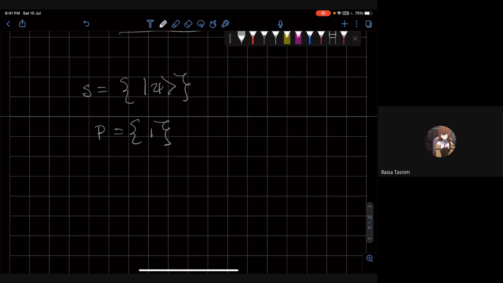So it's kind of a trivial probability distribution. But what is the density matrix? Rho in that case is this, right? Do you agree? Yes, from the definition.